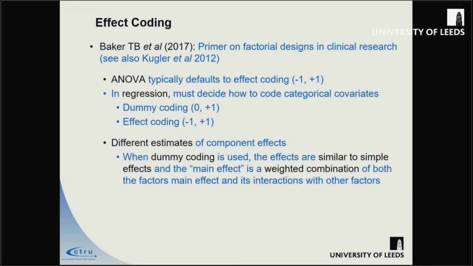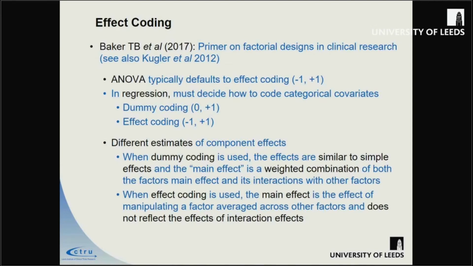And because it is this weighted combination of both, it means that you have to worry about the interaction to a greater degree than you do in any other situation. So that's one reason why that's not particularly good. And it's also, I think, the reason why Brendan Kahn talks about the idea that this doesn't actually save you any power, because he's assuming that I wanted to use a dummy coding, which I now don't.